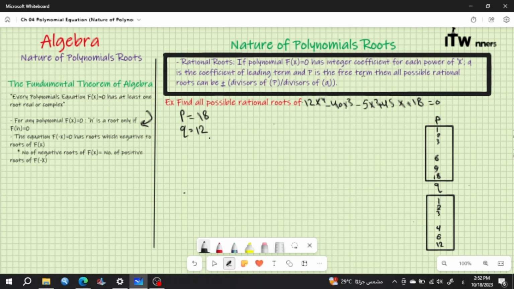Okay, and here we can obtain all possible roots.